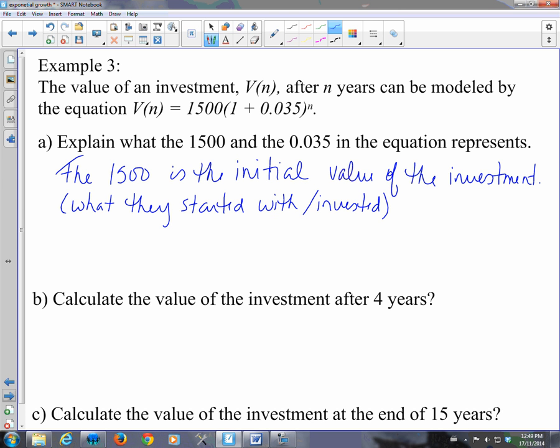The 0.035 is the growth as a decimal. So when I change it back to a percent, I would multiply it by 100 and get 3.5%.